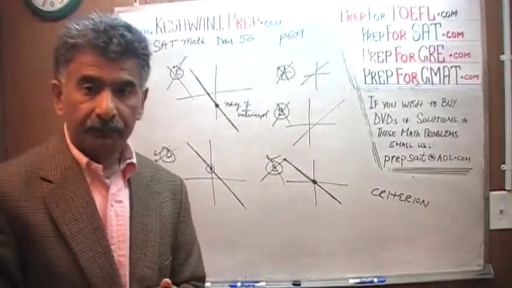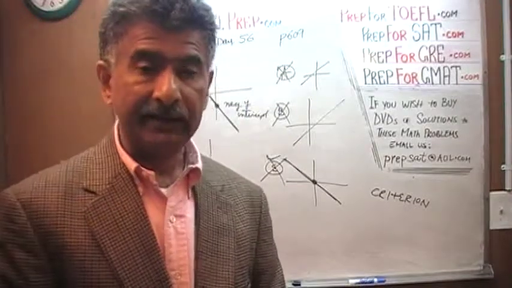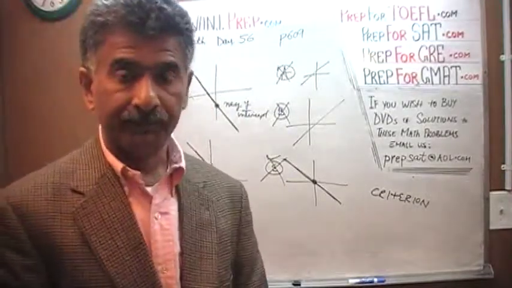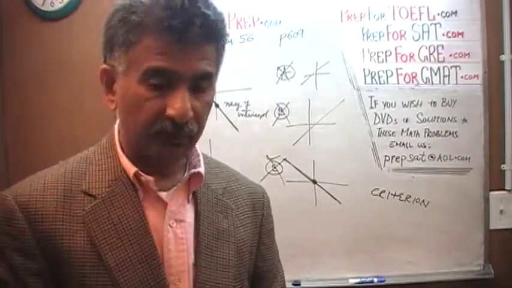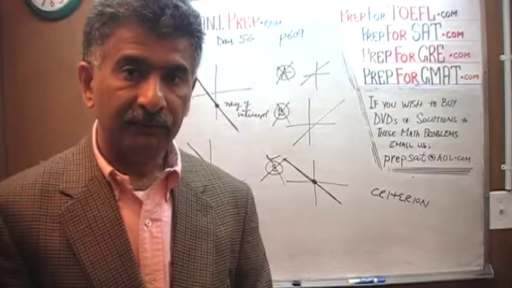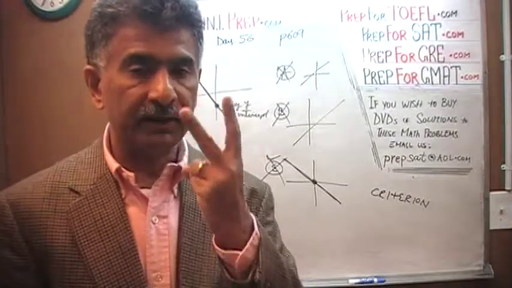Here's what we did. The first thing they told us is that it has to be a negatively sloped line, which is why we crossed out answer choices A and B, because they do not meet the first criterion. There are two criteria.